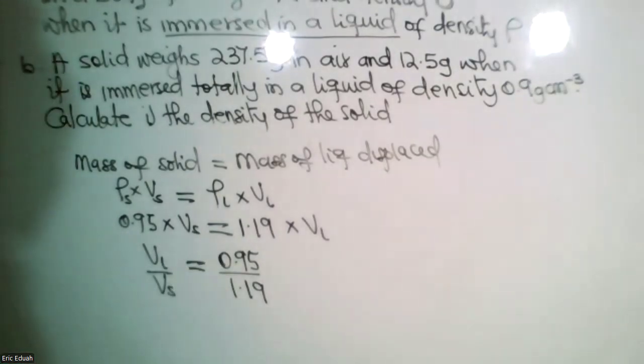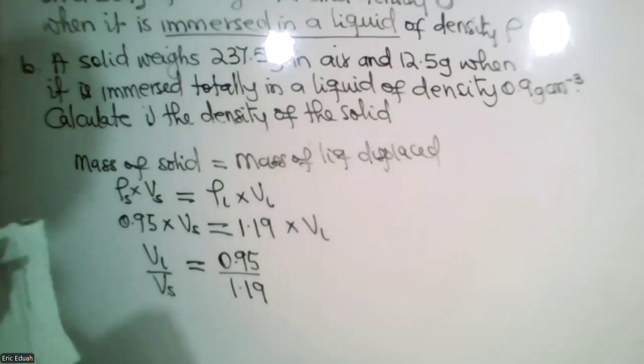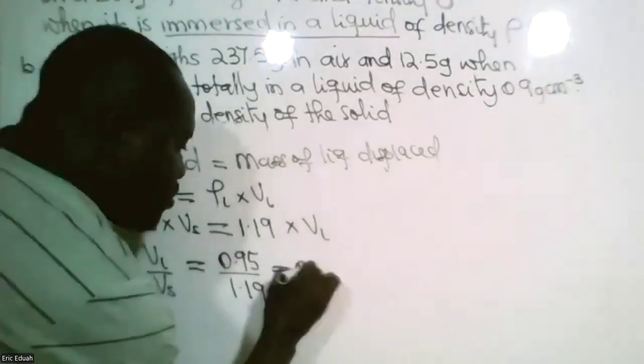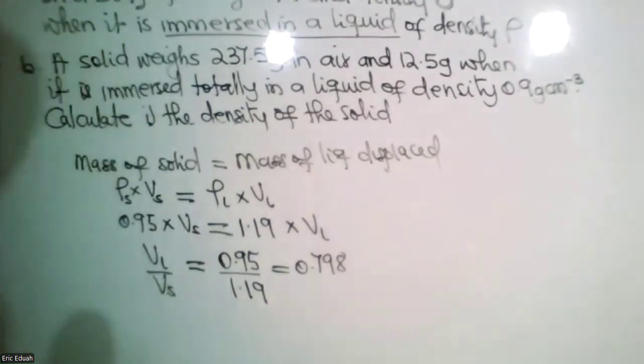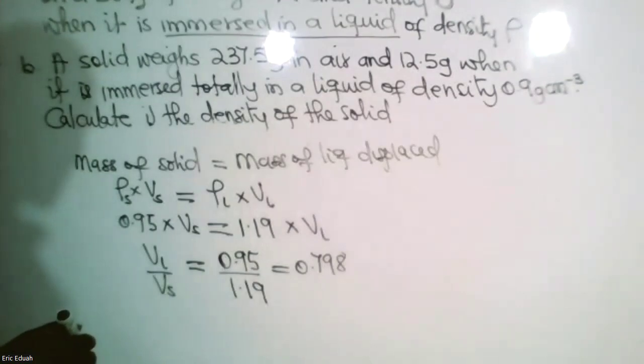0.95 divided by 1.19 is 0.798. Let's express this as a percentage.